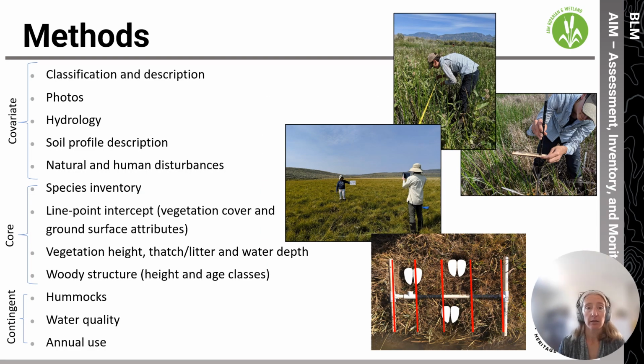The methods that are collected focus on the hydrology, soils, and vegetation features of the site, and are grouped into covariates that describe the type of system, core indicators that are the quantitative vegetation measurements, and contingent indicators that may or may not be collected.